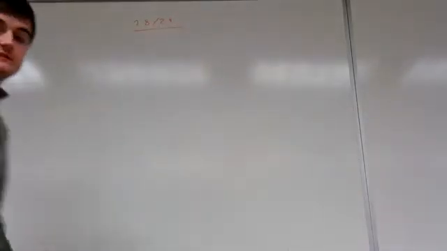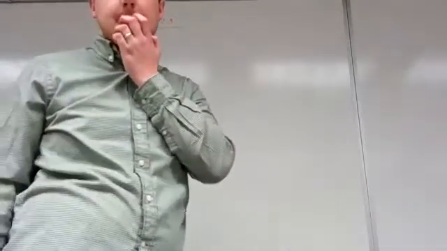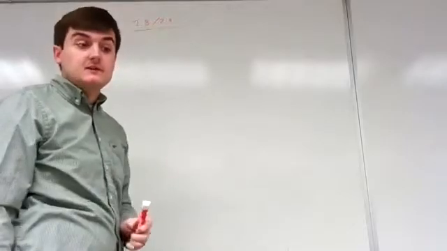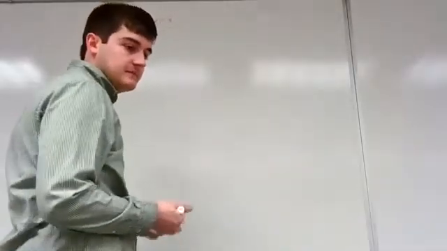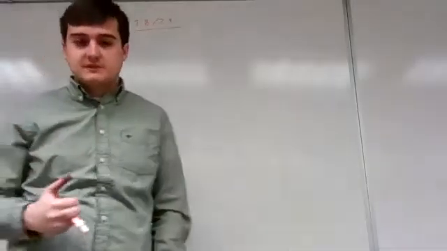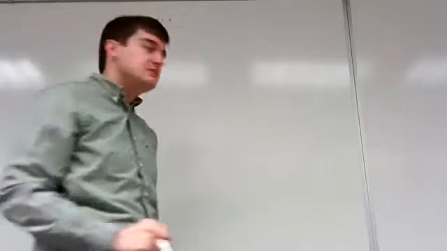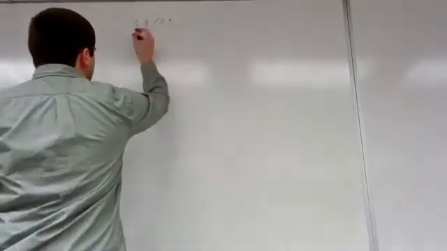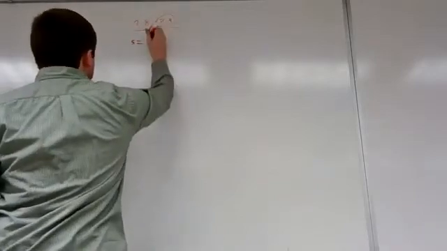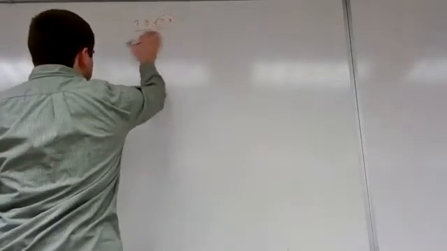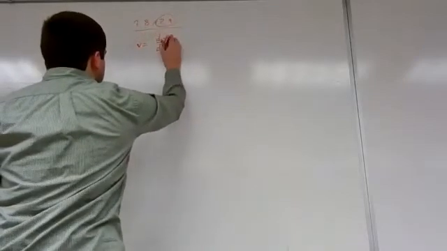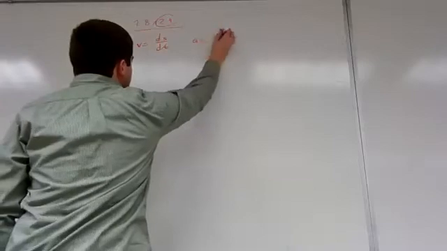Okay, so section 2.9 says higher derivatives. Maybe let's go back to 2.6 real quick. In 2.6 you had the question of, well, we know that V is equal to ds over dt, and A is equal to dv over dt.